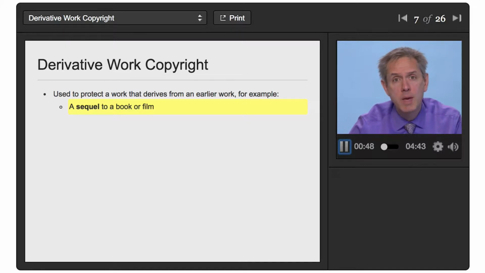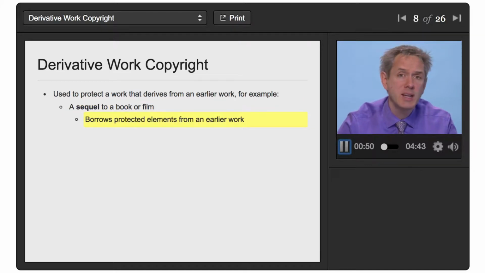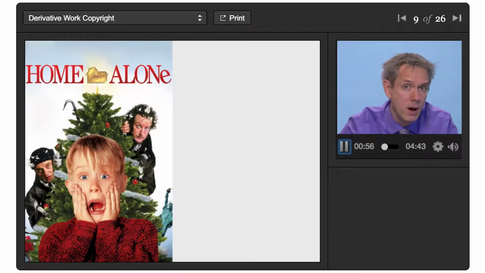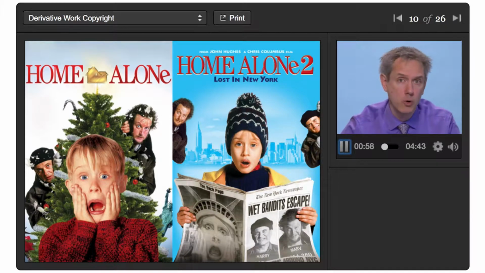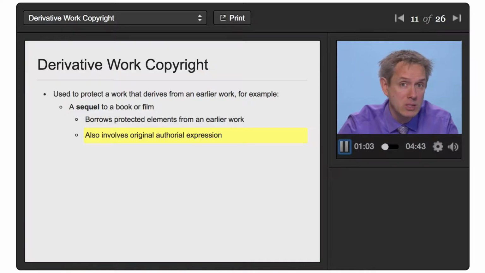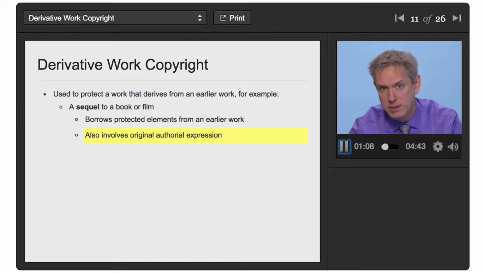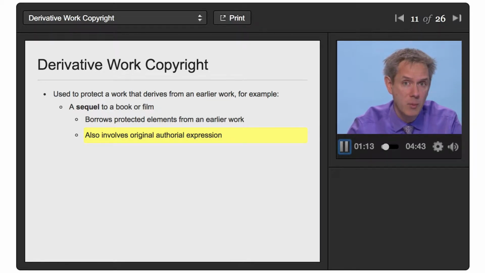This sequel may well take many of the protected characters and some of the protected copyrighted expression from an earlier book or movie and use it in a second book or movie. However, there's also a lot of original authorial expression that goes into a sequel. Therefore, this is a derivative work. It is a work that builds on a previous work but is itself copyrightable.